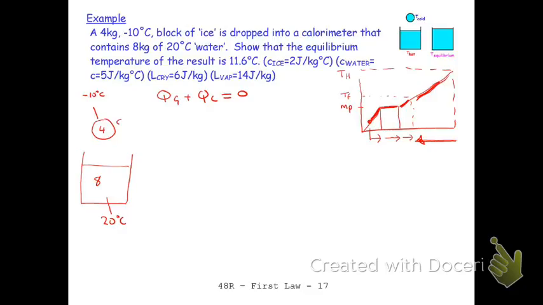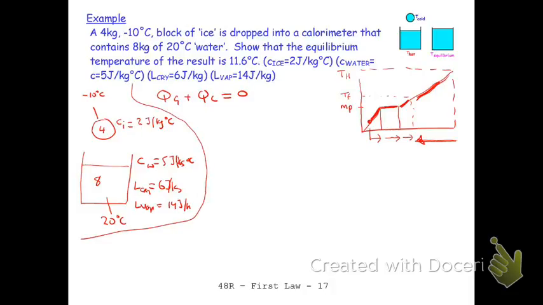For ice, c ice is equal to 2 joules per kilogram degree C, and c water is equal to 5 joules per kilogram degree C, and the latent heat for crystallization is equal to 6 joules per kilogram, and your latent heat for vaporization, you're not going to get close to that, is equal to 14 joules per kilogram. So I'm throwing a bit more information at you.